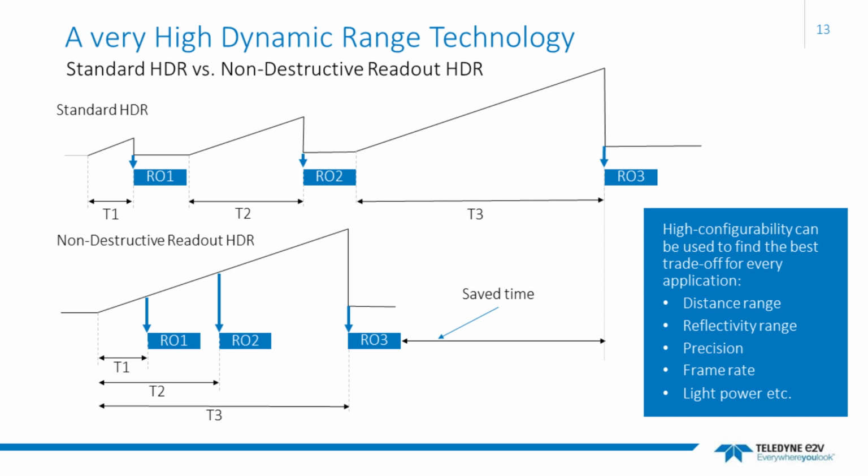These techniques allow total integration and readout time to be shortened, which increases the frame rate and contributes to a reduction in motion blur. Moreover, it provides very high configurability that can be used to find the best trade-off for every application. Now you will see an example with a video with target from 10 to 90% of reflectivity, a range from 1 to 9.5 meters, taken in our darkroom.